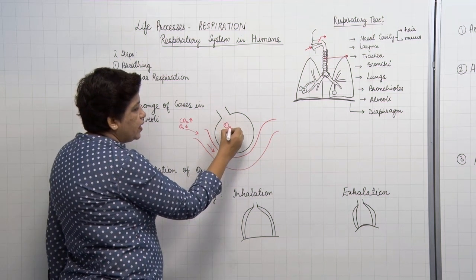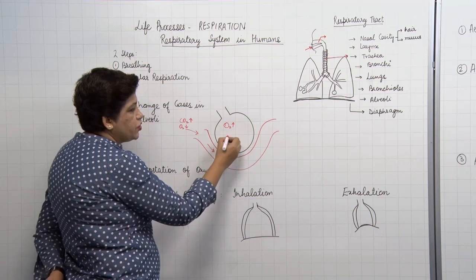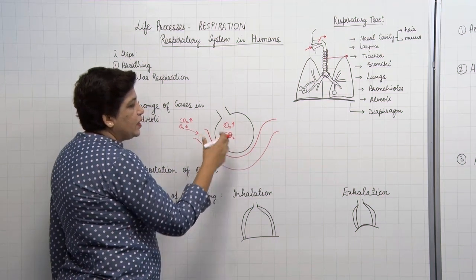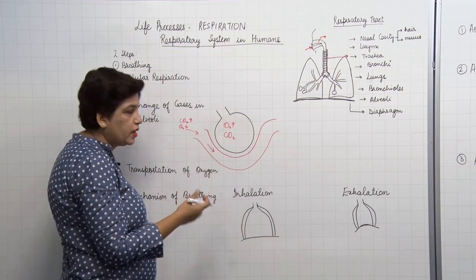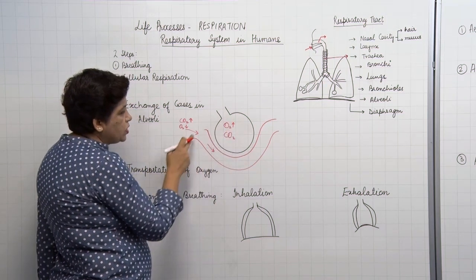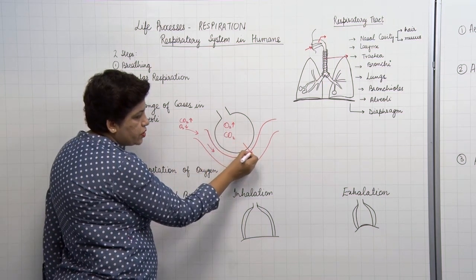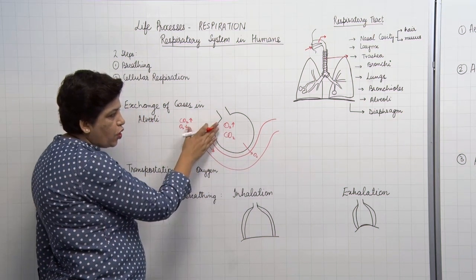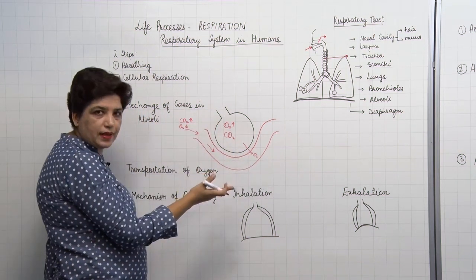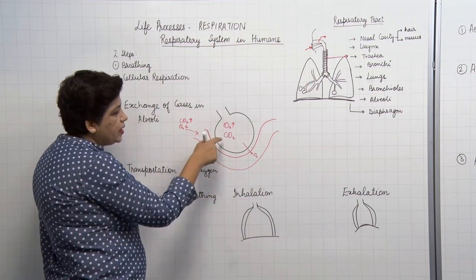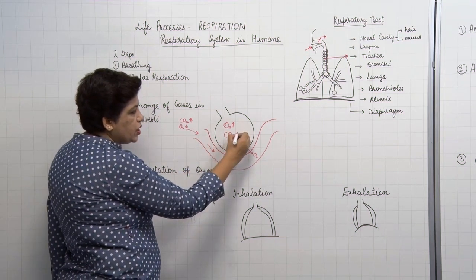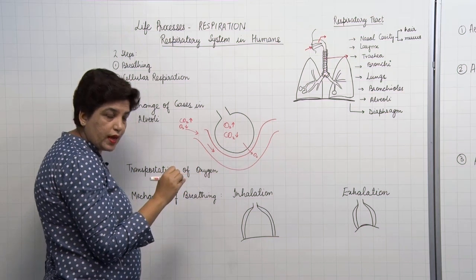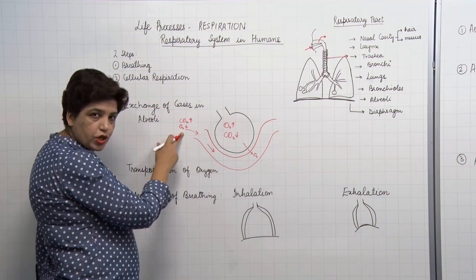In the alveoli, the carbon dioxide concentration is very low, while the oxygen concentration is high. So, oxygen moves from high concentration to low concentration. The movement of oxygen is in this direction, from alveolar air to the blood. On the other hand, the carbon dioxide concentration is low in the alveolar air but high in deoxygenated blood.